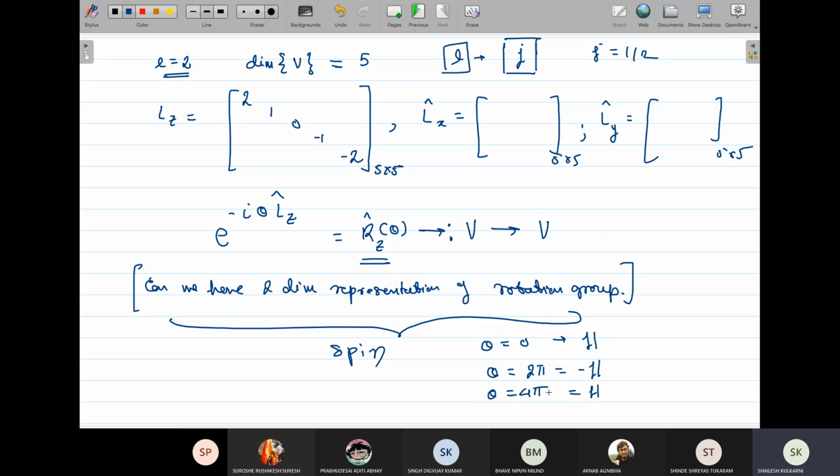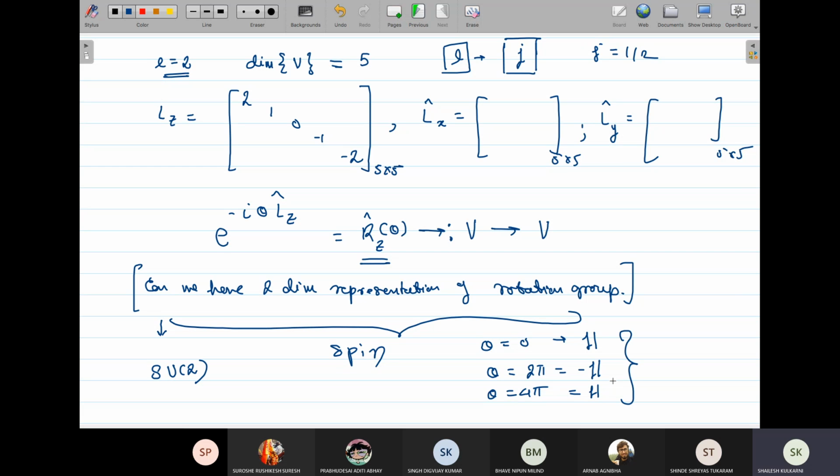This happens because the group of transformation to discuss spin is not exactly SO3. It is SU2 basically. There's no harm in considering SO3, but then you will get these sorts of problems.